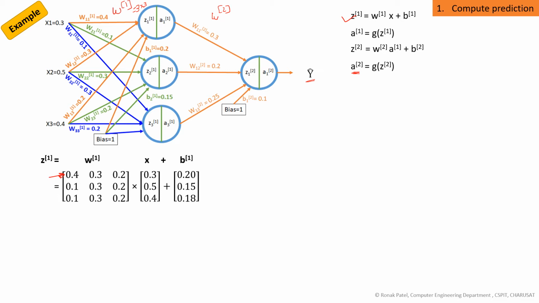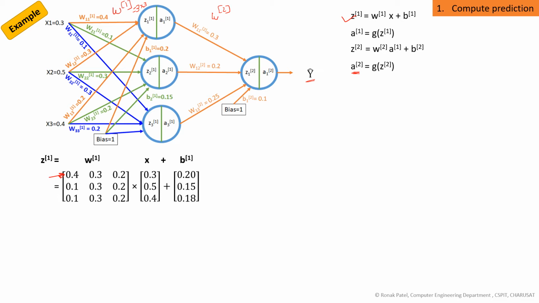This is the first, second and third. This is bias. So the first weight is 0.4, second is 0.3, and third is 0.2. This first row indicates weights going to neuron 1 at layer 1.